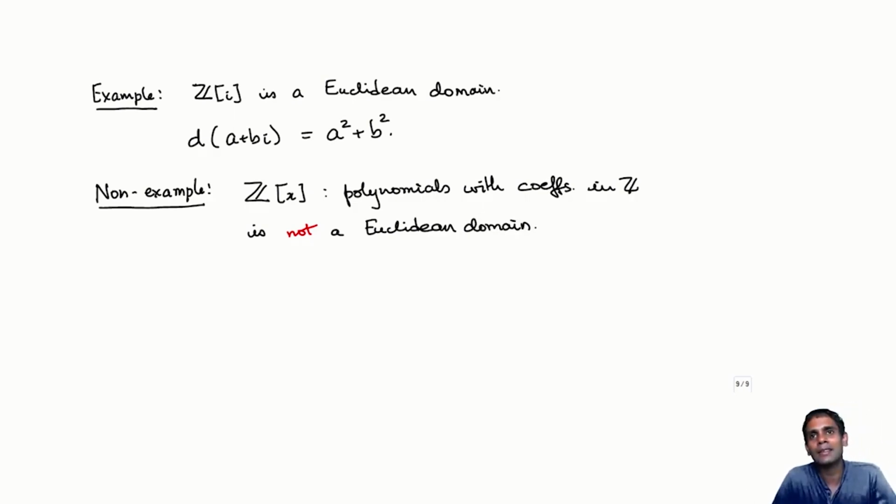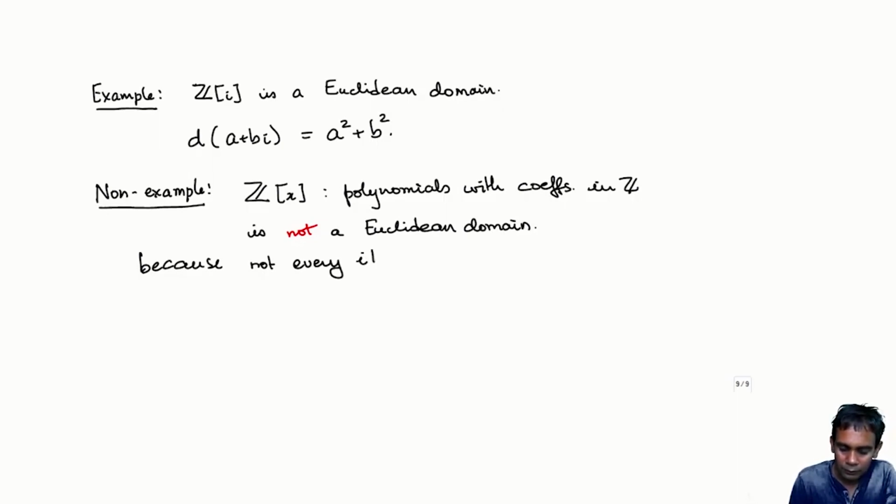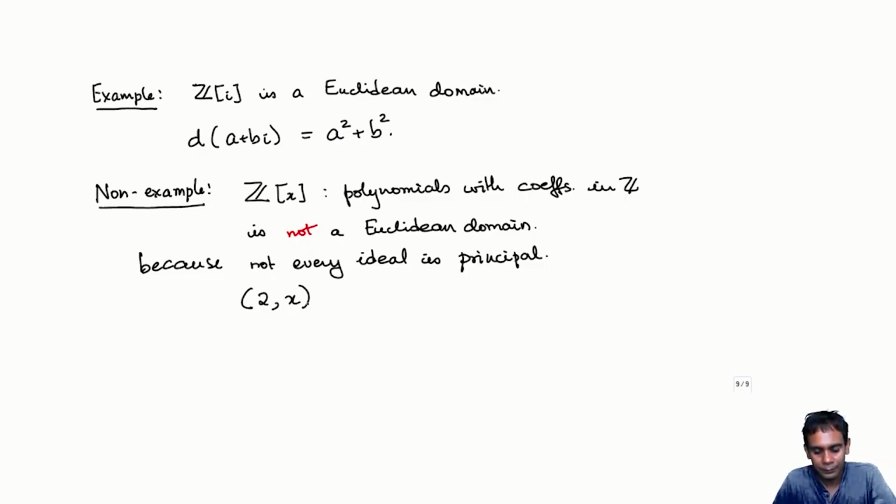Well, how would you show that there is no size function which does the job? But one way to show it is that it's not a principal ideal domain. Not every ideal is principal. Take the ideal generated by 2 and x. Okay, this is not a principal ideal.